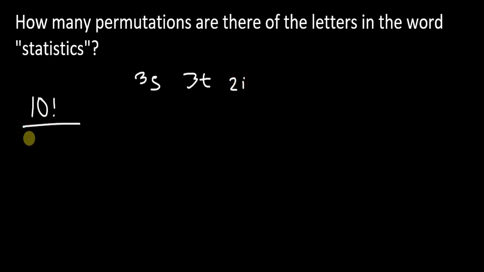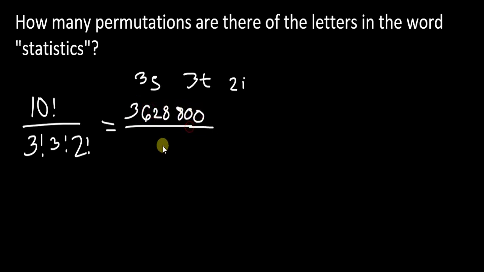So 3 S, we have 3 factorial. Sa 3 T, 3 factorial lang din. At sa 2 I, that is 2 factorial. Okay? So, pag dinivide natin yan, yung 10 factorial ay equal sa 3,628,800 divided by 3 factorial, which is 3 times 2 times 1, that is 6, times 3 factorial, so another 6, times 2 factorial, that is 2.